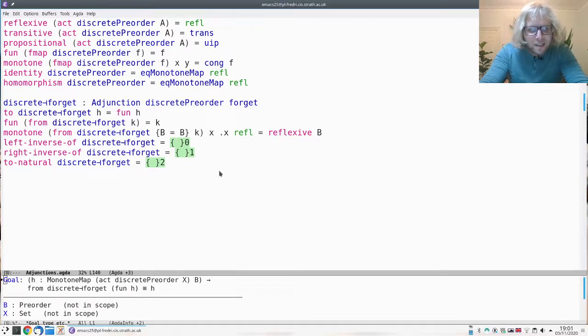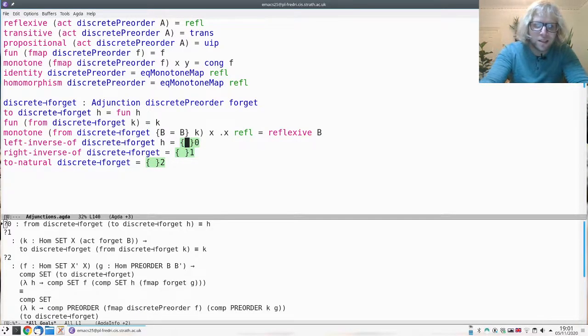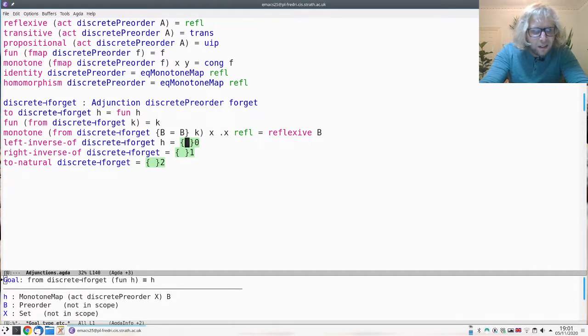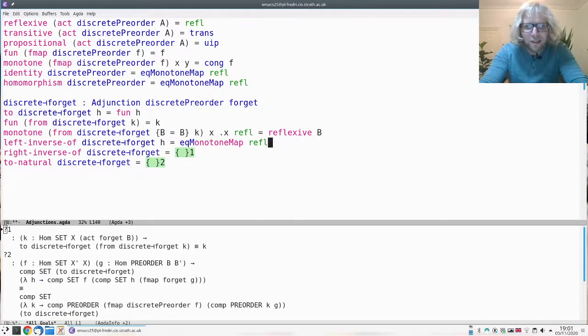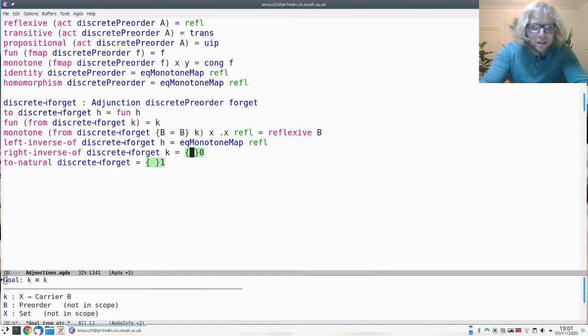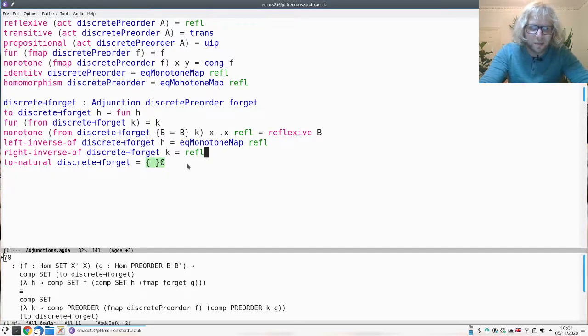Okay, let's see here. We're given an h. We have to show that the round trip is the identity. Okay, this is an equation of monotone maps. So it's enough that the underlying things are equal, and they are. Here we're given a k. And it's easy to show that this is equal to itself. So that's because we used k as the underlying function, and then we just returned the underlying function, which is k again.